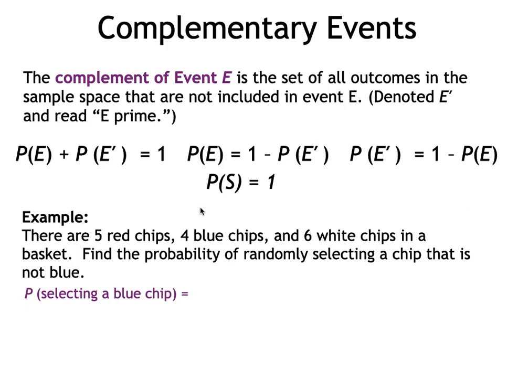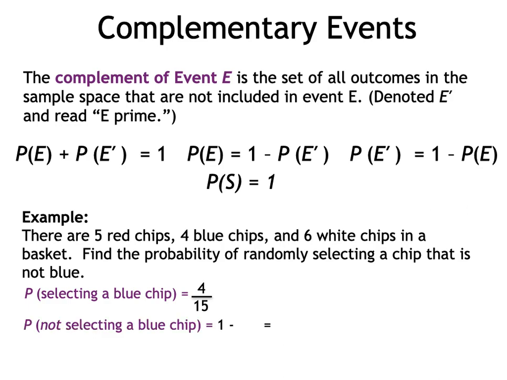The total number of chips in the basket is composed of 5 red, 4 blue, and 6 white. So we have 4 blue chips out of the total number of chips inside the basket. Thus, our probability would be 4 blue chips out of the 15 that are inside the basket.